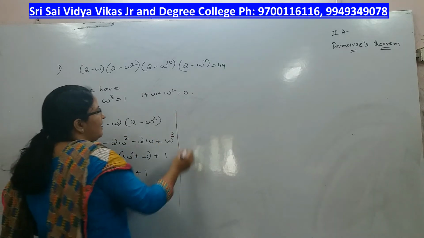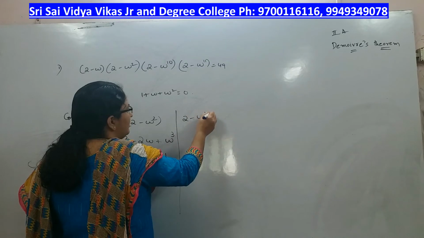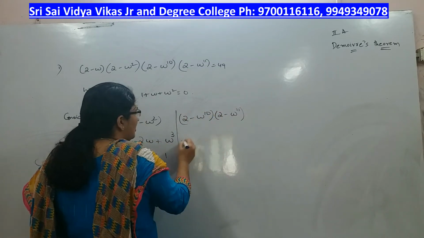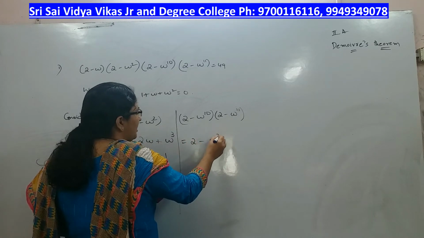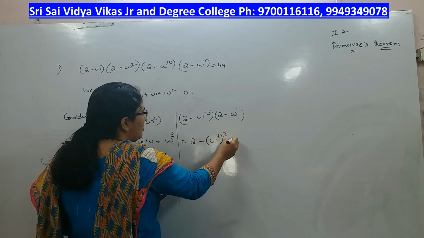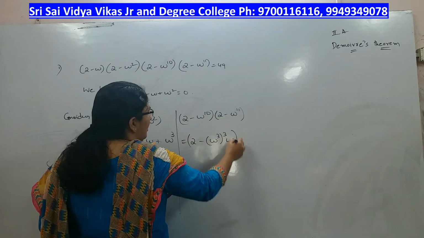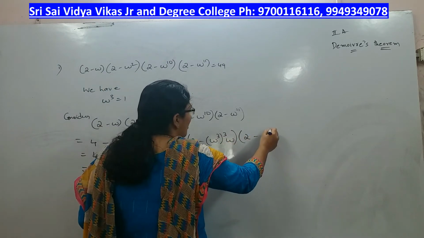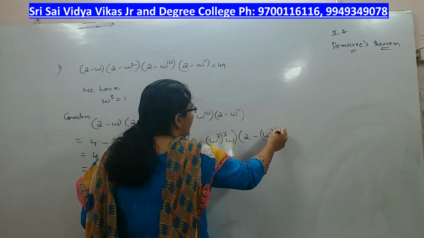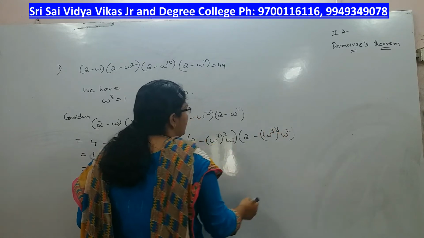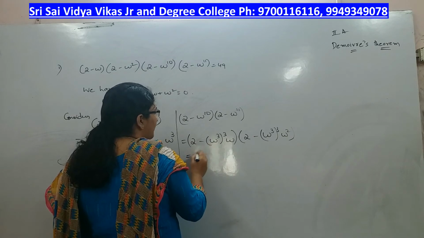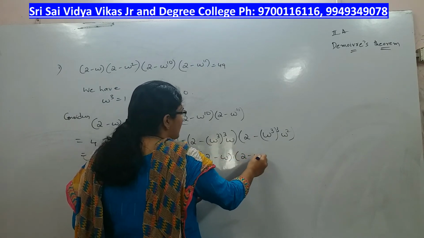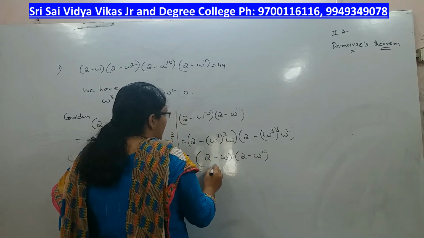Now let us find the value of (2 − ω¹⁰)(2 − ω¹¹). 2 − ω¹⁰ can be written as 2 − (ω³)³·ω, and 2 − ω¹¹ as 2 − (ω³)³·ω². This is what you get. 3 threes are 9, so (2 − ω)(2 − ω²) is equal to 7.